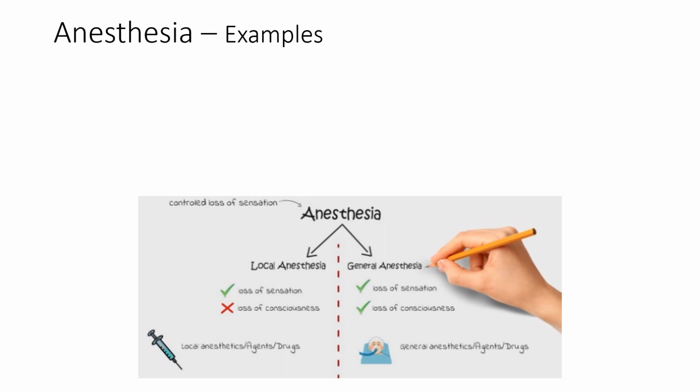So the neurons are a very opportunistic target for blocking sensation. There are ways of blocking the original signal, but neurons make the most druggable target most of the time when it comes to anesthesia.